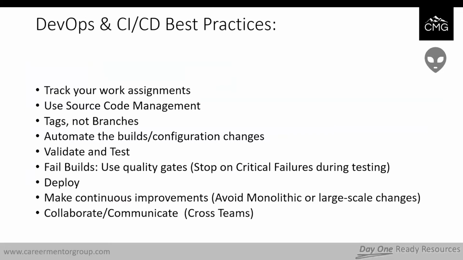It's much easier to roll forward, roll back, and audit that process than it is to have a human in the loop. Validating and testing, and then not being afraid to fail a build by using quality gates. So effectively, if you determine the threshold for failure, you can stop on critical failures during the testing phase and roll back. That way the build will not continue, and whatever was in production stays in production.